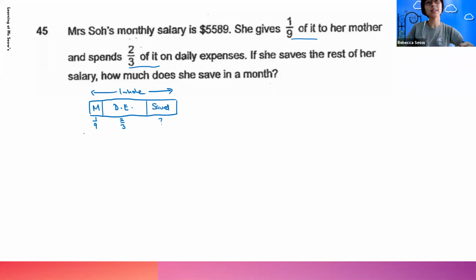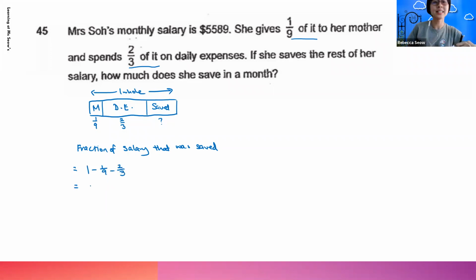Quite similar to the previous question that we have done. Could we first find out the fraction of the monthly salary that was saved? So the fraction of salary that was saved will be 1 whole, take away 1/9, take away 2/3.